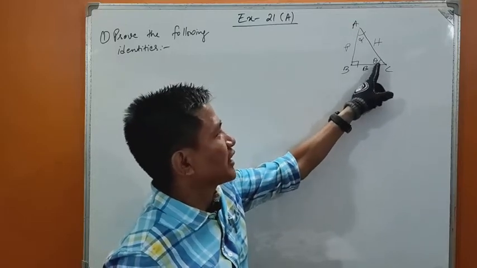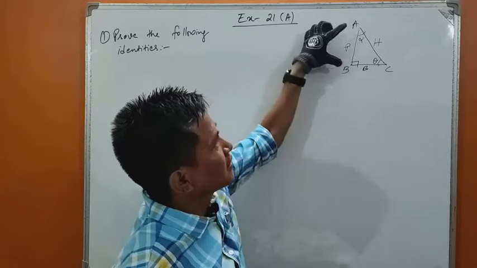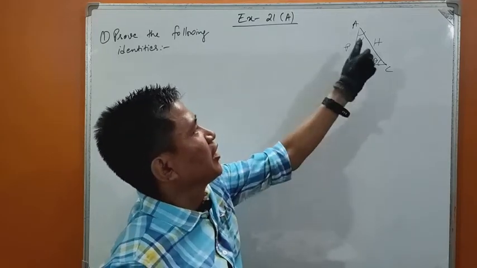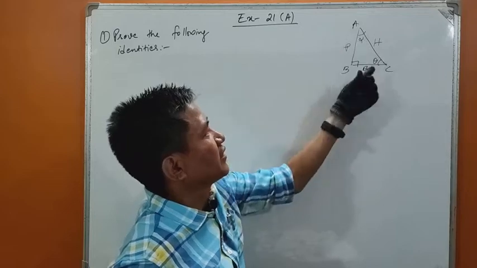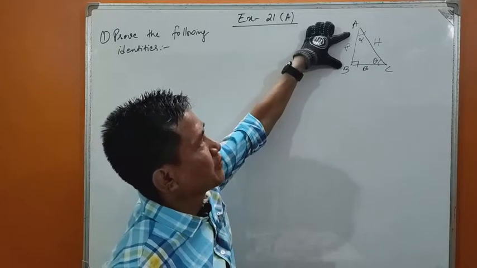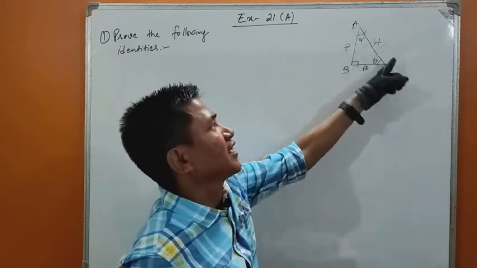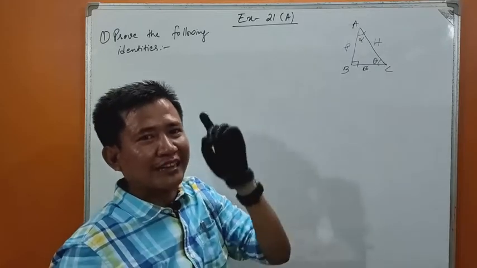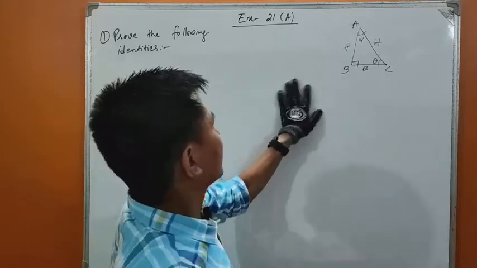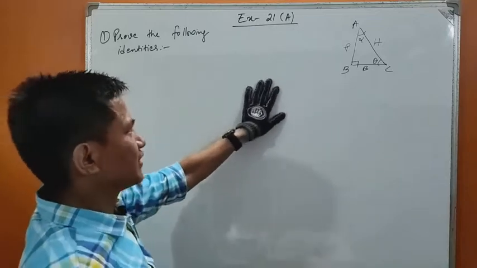If we talk about this angle, this side becomes base and this side becomes perpendicular. If we talk about the other angle, this side becomes perpendicular and this side becomes base. Whereas the hypotenuse always remains fixed. It is the longest side of any right angle triangle.